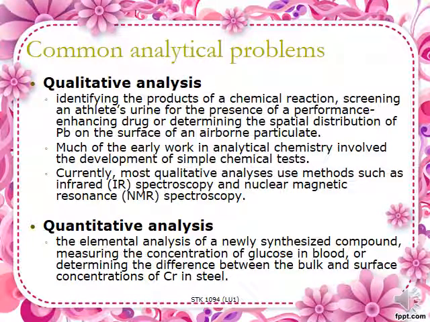Okay, we continue with common analytical problems. The first one is qualitative analysis. This involves identifying products of a chemical reaction, screening athlete's urine for the presence of a drug, banned drugs. Another example is determining the spatial distribution of lead on the surface of airborne particulate.